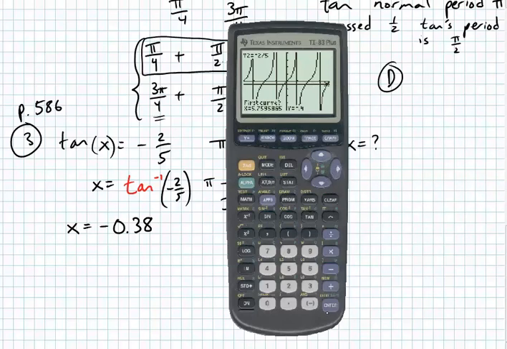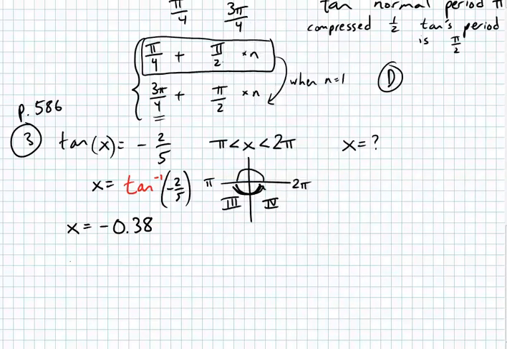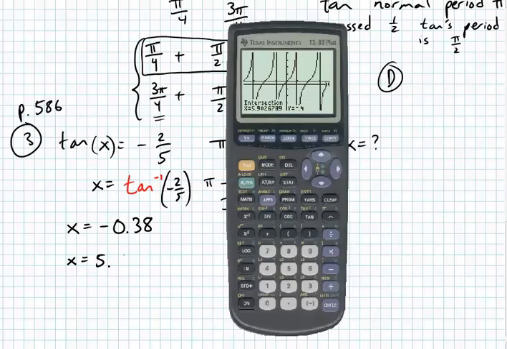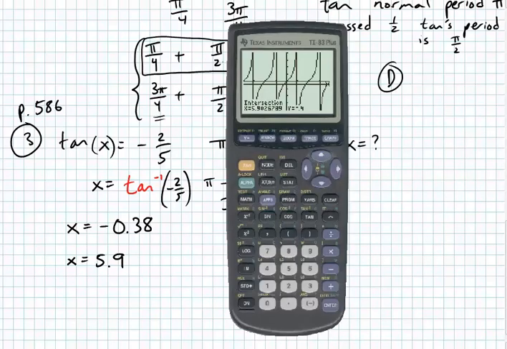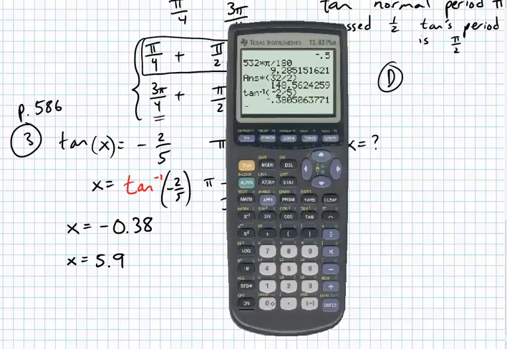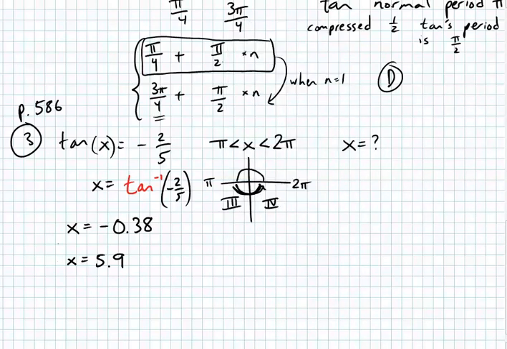Over here, so 5.9. Which I believe is actually the same answer as negative 0.38. Let's check. Negative 0.38, if I add 1 full revolution, add 2 pi, I get 5.9. Yay! 5.9 it is.